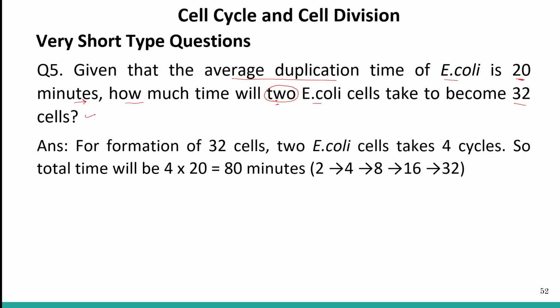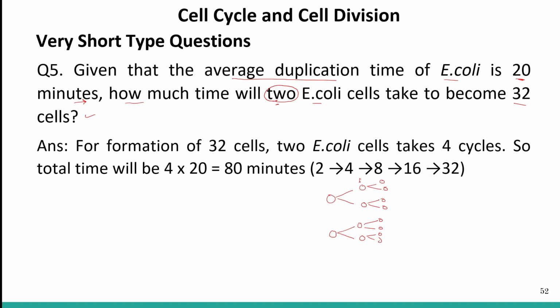Alright. So now, we can draw a simple diagram here. One cell gives rise to 2 cells. But we have 2 E. coli cells here. This also will give rise to 2 cells. These further will give rise to 2 cells, this also 2, this one also 2 cells, again this also 2.